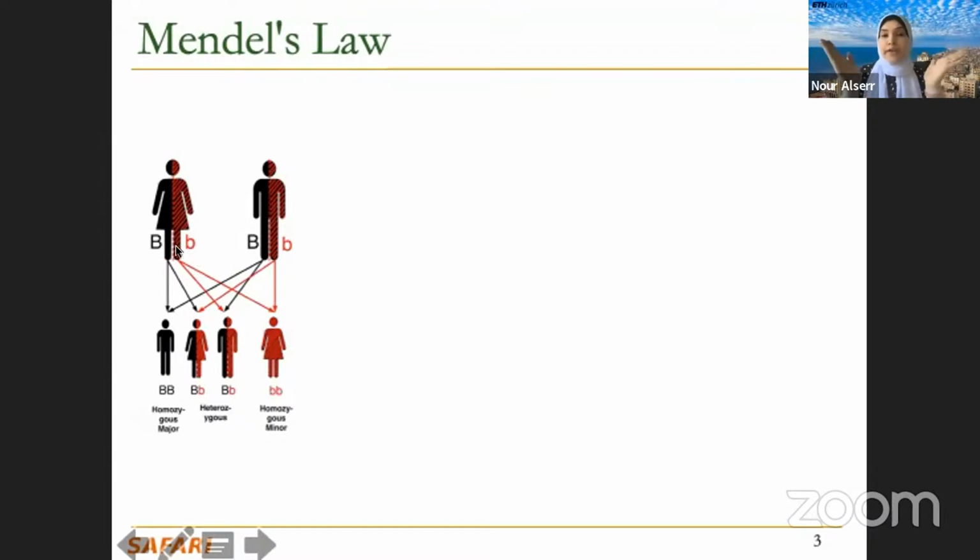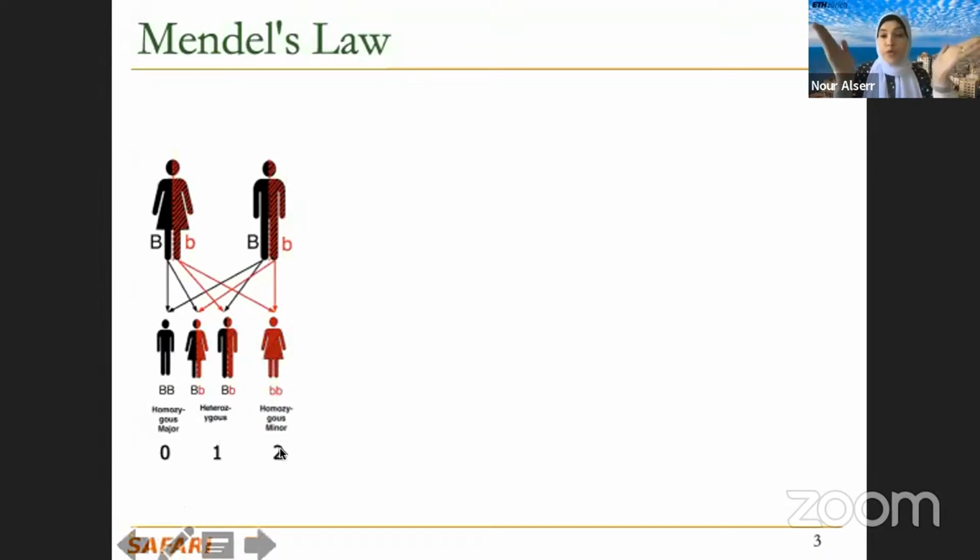Now, if you inherit both major alleles from your father and mother, then we call it homozygous major at that SNP, that location in your DNA. In that case, we give the value of 0, because here you have 0 minor alleles. If you inherit one major from the mother and one minor from the father, or major from father and minor from mother, then at the end you will have one minor allele, and here we call it heterozygous, and we give the value 1.